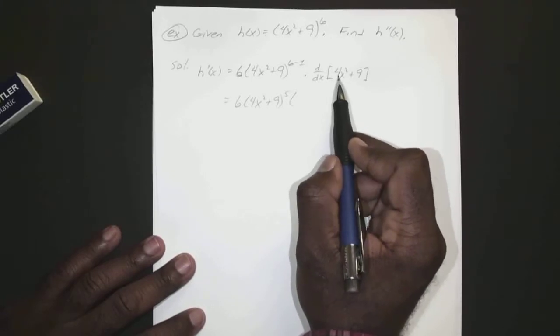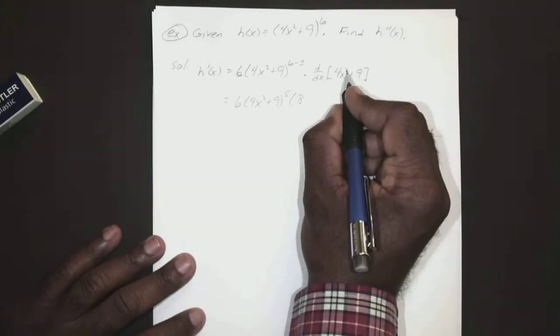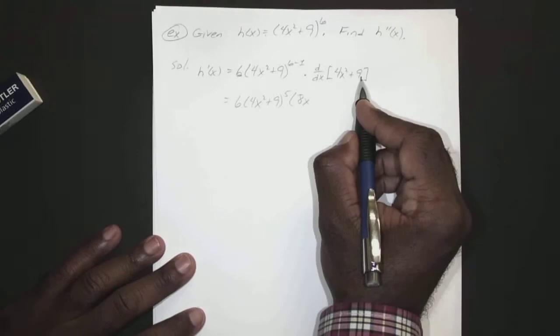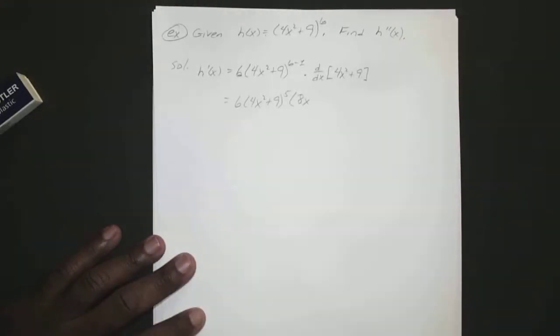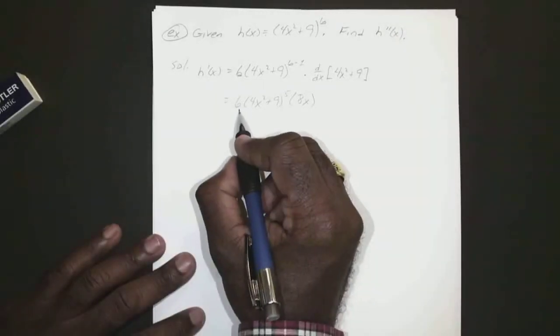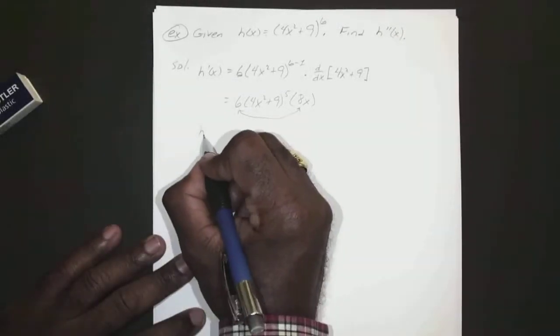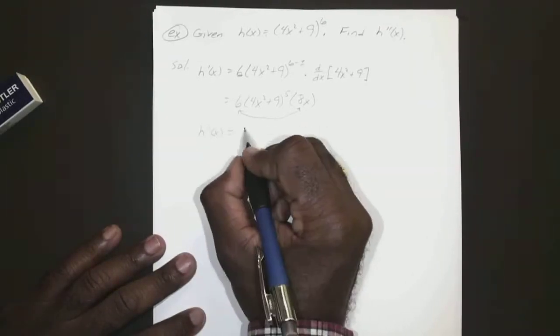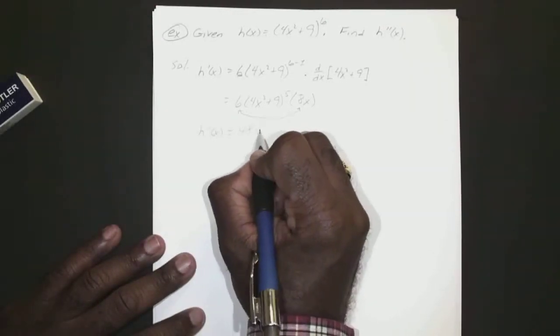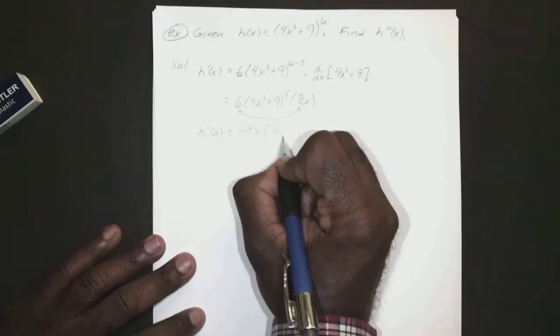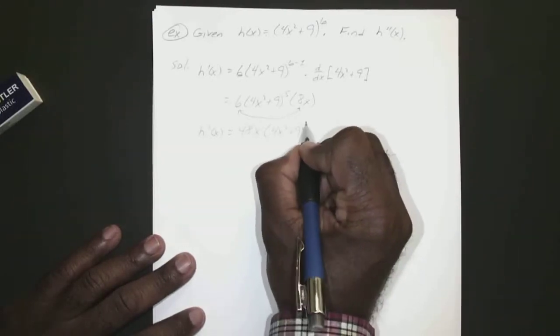If we bring down the 2, 4 times 2 is 8, subtract 1, derivative of 9 is just 0, so that disappears. Okay, so we can go ahead and just combine these two. So our first derivative is equal to 48x times 4x squared plus 9 to the fifth.